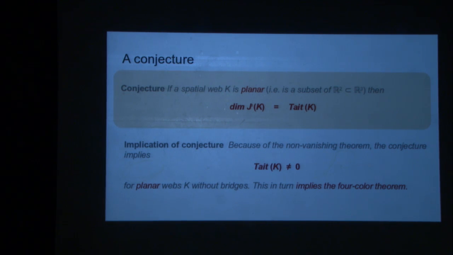So if the conjecture is also true, we learn that the number of Tait colorings is non-zero, with the exception of graphs with bridges, the case we expect to be exceptional in this. So this would imply the Four Color theorem. It implies that the number of Tait colorings is non-zero for any bridgeless planar trivalent graph.